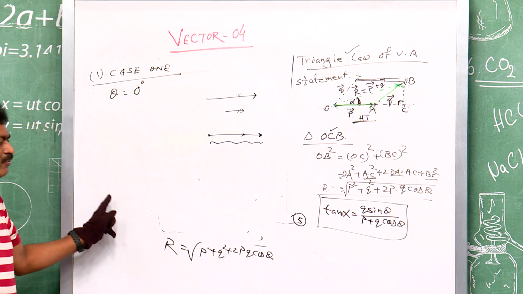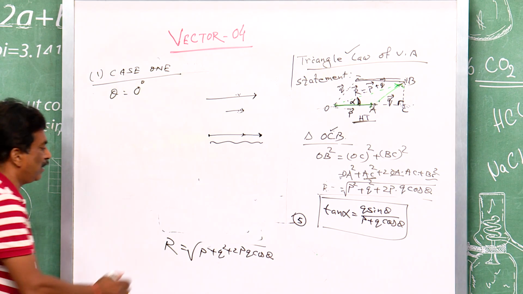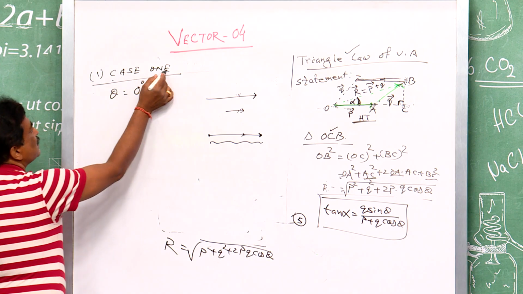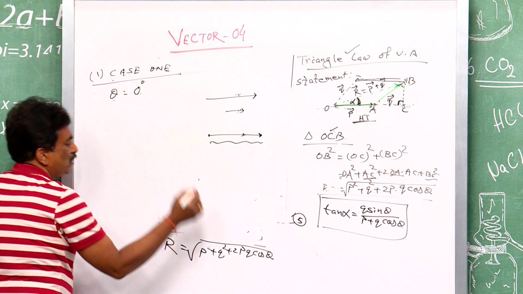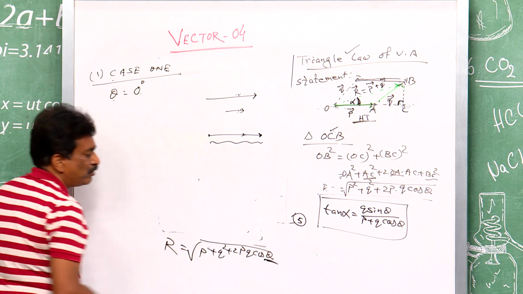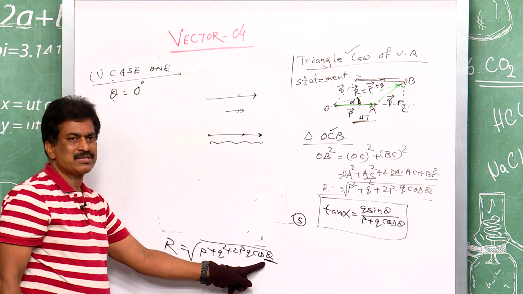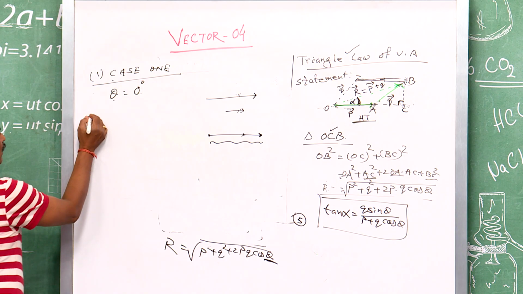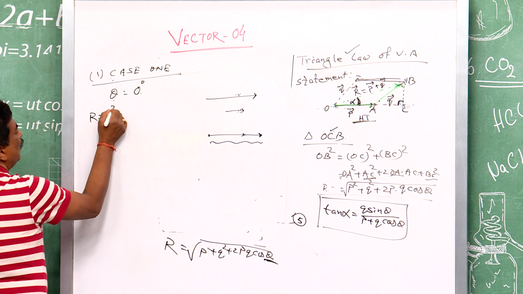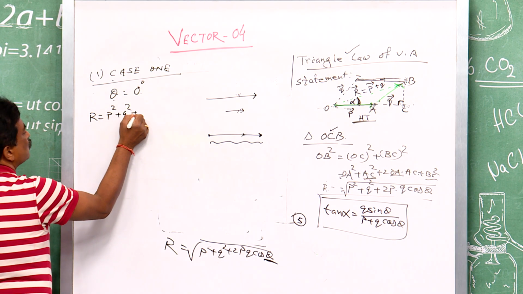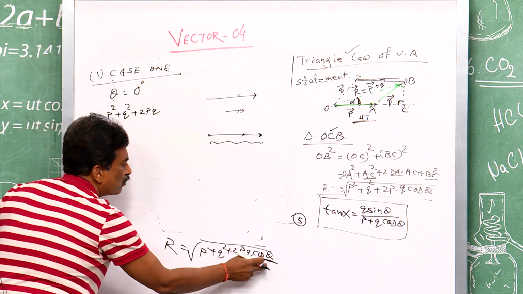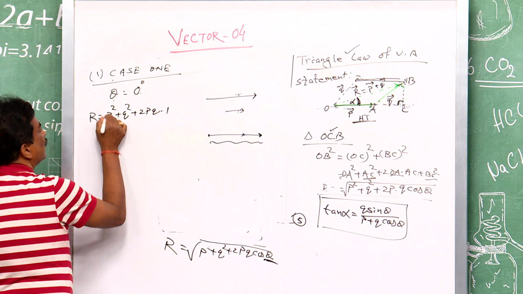But as we know from the analytical method, the magnitude R is equal to this much. For this case 1, theta is equal to 0. If theta is equal to 0, then putting in equation 3, cos 0 is equal to 1. Therefore R is equal to the square root of P square plus Q square plus 2PQ cos 0, which is 1.